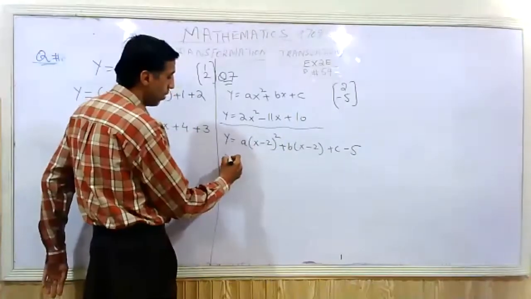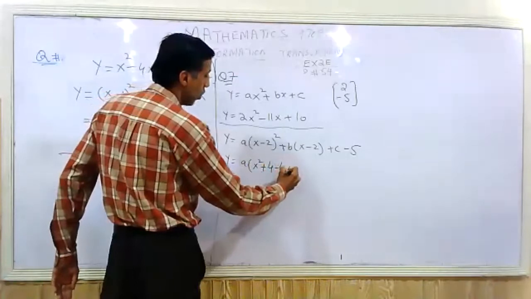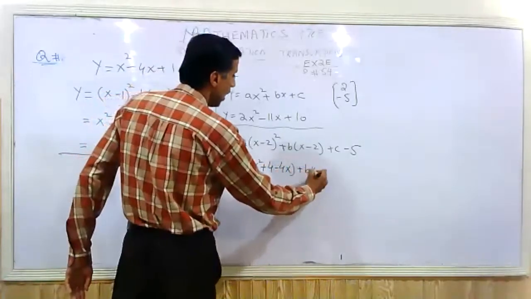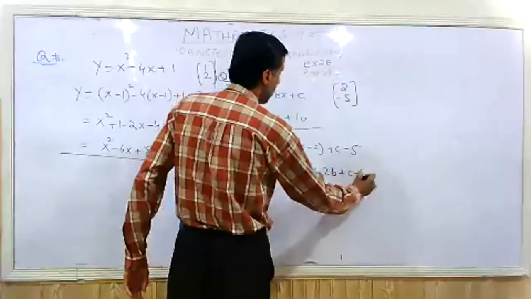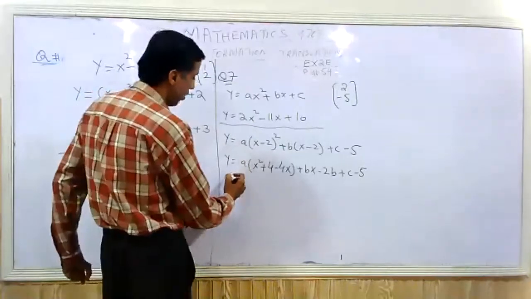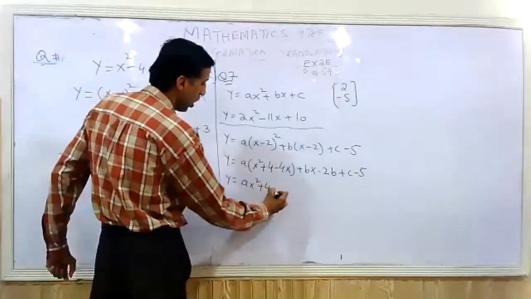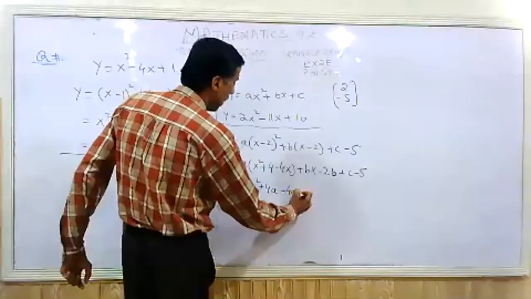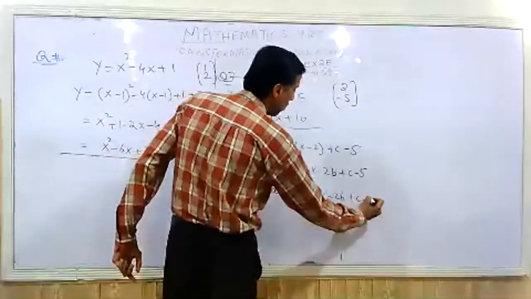Now open it: ax squared plus 4a minus 4ax plus bx minus 2b plus c minus 5.